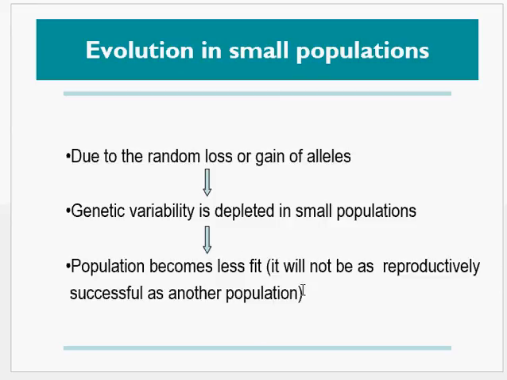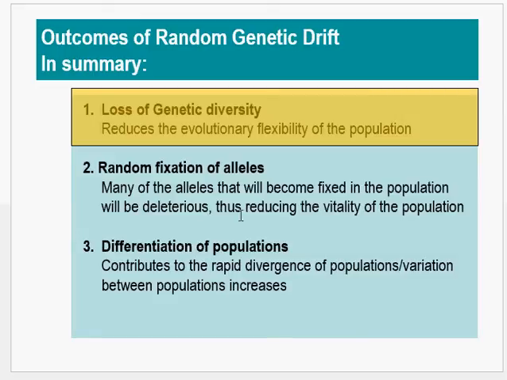So, in summary then, loss of genetic diversity, which results from the loss of numbers of individuals, causes random fixation of alleles, and many of those alleles become fixed in the population because the other allele at the same gene is lost through random chance. Okay?